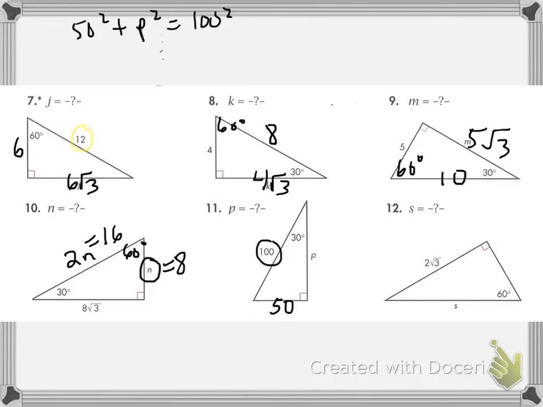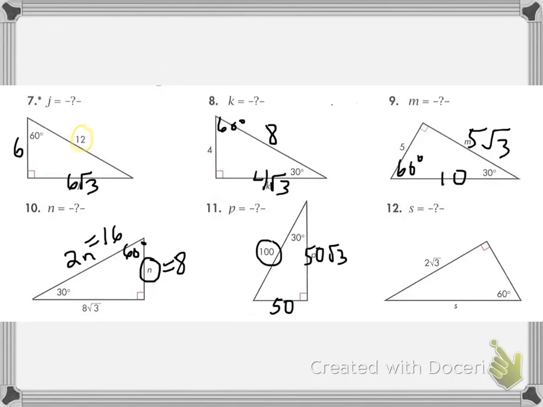And when you do all the work, you're going to get p equals 50 root 3. And I think many of you have already seen the pattern. So I'm going to write 50 root 3. And then number 12 is very much like number 10. So I'll clean it up a bit and then we'll do that one as well.